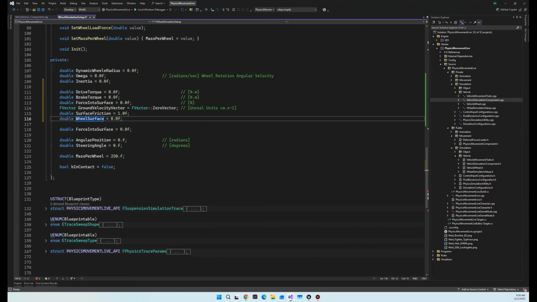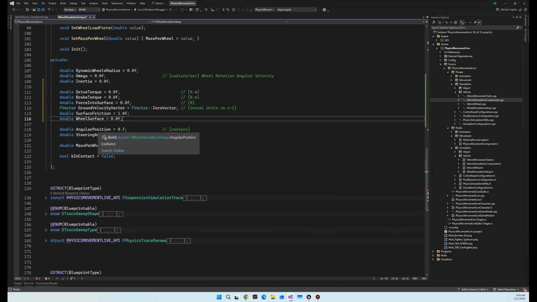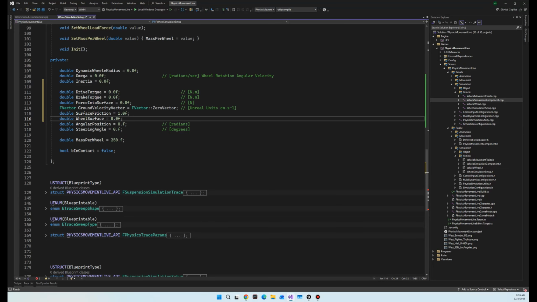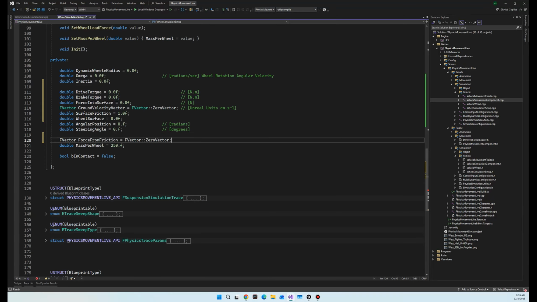So force into surface, again, let's just go ahead and remove that. Then we have force friction and mass per wheel. So I think we're missing force friction. So let's go ahead and add that one in. I'm just going to put that there and there.